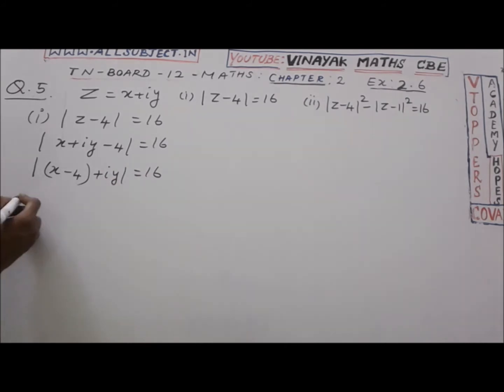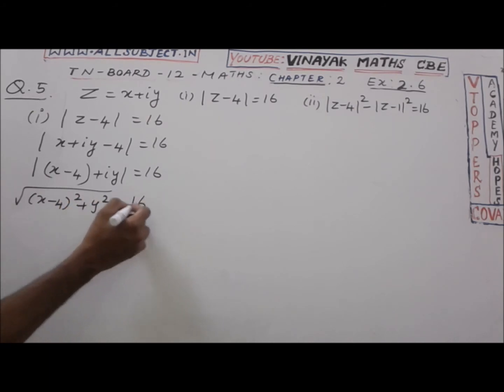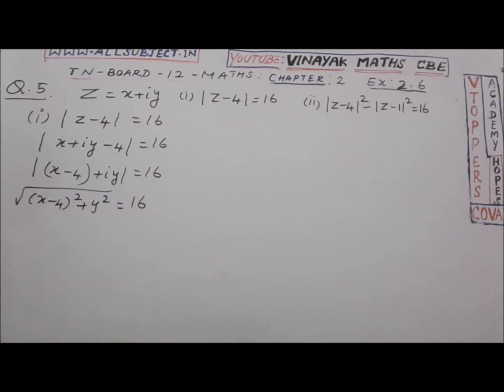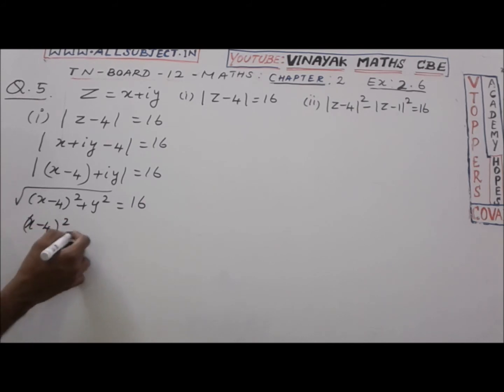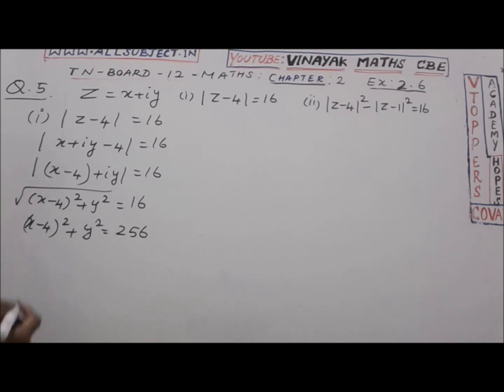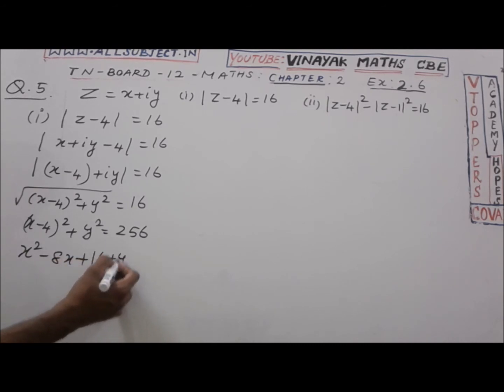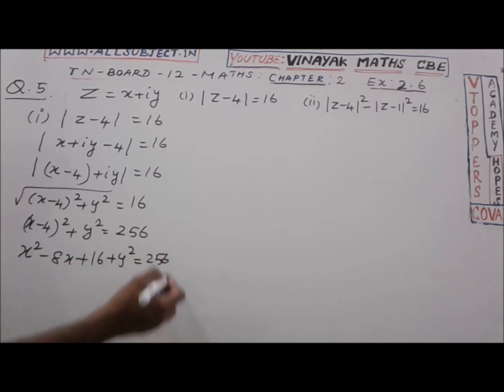Taking its modulus, root of x minus 4 whole square plus y square equal to 16. Now squaring on both sides, we will have x minus 4 whole square plus y square equal to 16 square, 256. Now expanding this, x square minus 8x plus 16 plus y square equal to 256.